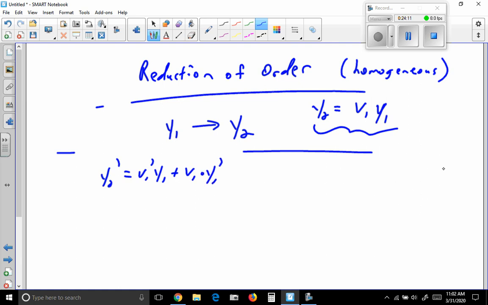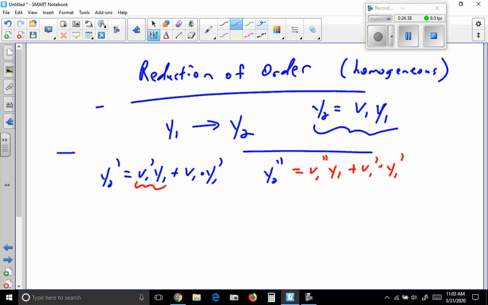So now to get the second derivative, we need to take the derivative of what we have there. So when we take our second derivative, it's the derivative of the first term. That's a product rule. So it's the derivative of the first, so v1 double prime y1, plus the first term times the derivative of the second one, y1 prime.